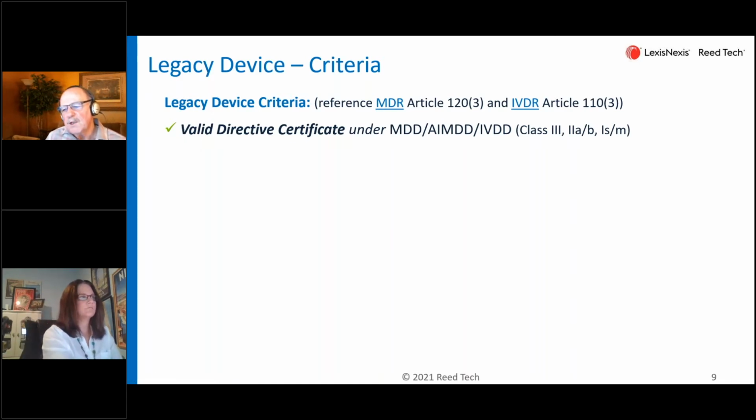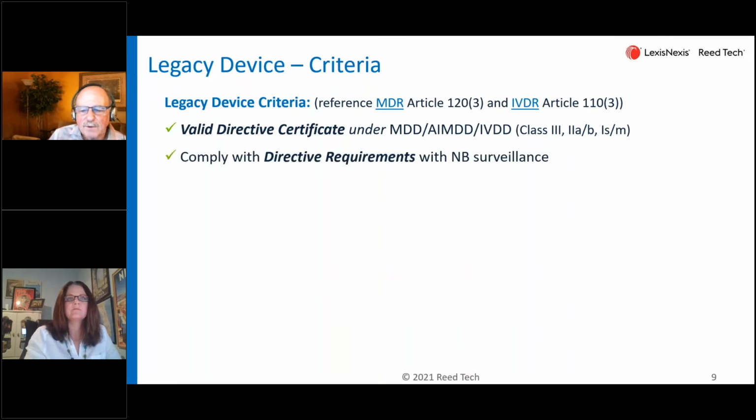So typically these are class 3, 2As and Bs, and the legacy 1 sterile and the 1 measuring functions. So they would have a certificate, but it does have to be valid. So there's expiration dates depending on when you last renewed these particular certificates. They might expire 1 month from now, or 2 months, or a year, or they may not be able to enjoy the full time period. So keep that in mind. It has to be a valid certificate.